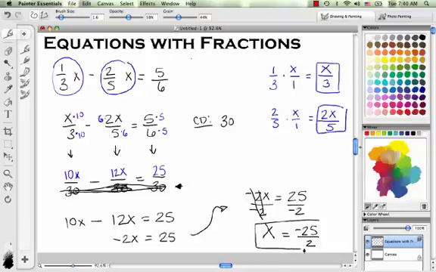Here's our answer. So once again, we made sure that everything was a fraction, and if the x's were separate, then we tucked them into their fractions. We decided on a common denominator over here. We wrote it off to the side. We wrote a whole new equation with no numerators, with each denominator containing the common denominator.